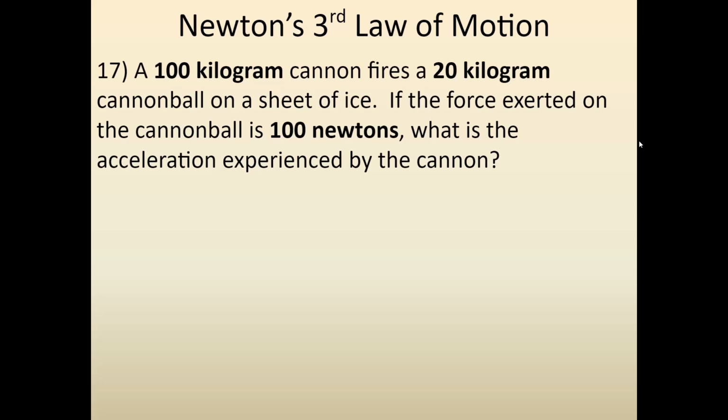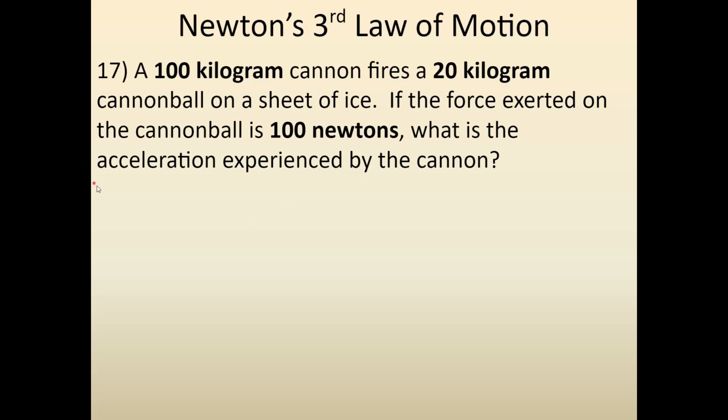Now, here is pretty much the next step to a lot of these Newton's third law questions, where the whole question doesn't stem from the forces being the same. Here they tell us that we have a cannon firing a cannonball. We know that the cannonball experiences 100 newtons of force, but for the cannon, they want to know what the acceleration is. Now, this actually ends up becoming essentially a scenario one, scenario two question, right?